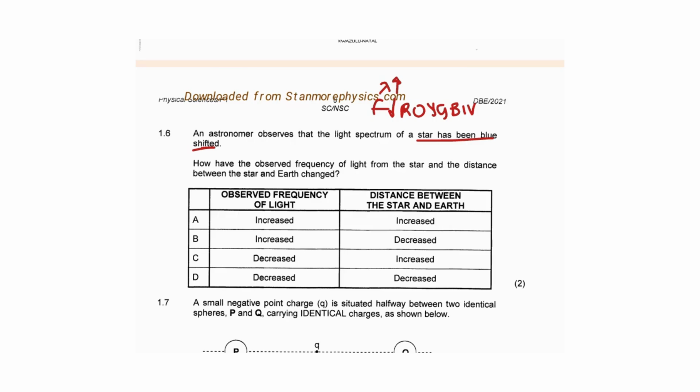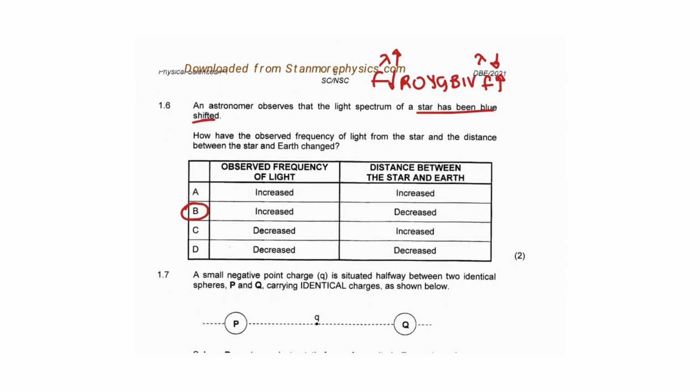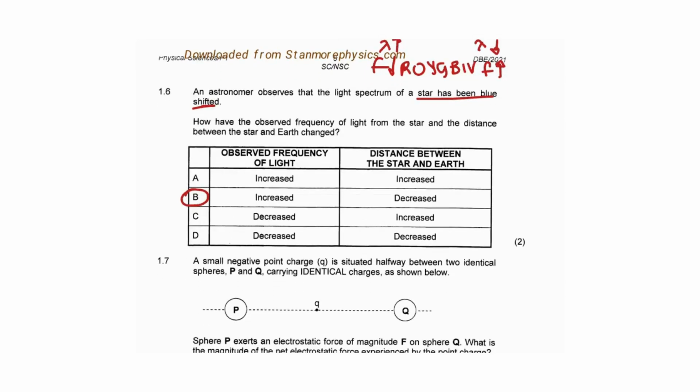Then as you move towards the blue side, you have a smaller wavelength and a greater frequency. So it means, because they say it has been blue shifted, that it is going to experience a higher frequency and a smaller wavelength, meaning that would be option B. I hope you are still with me.